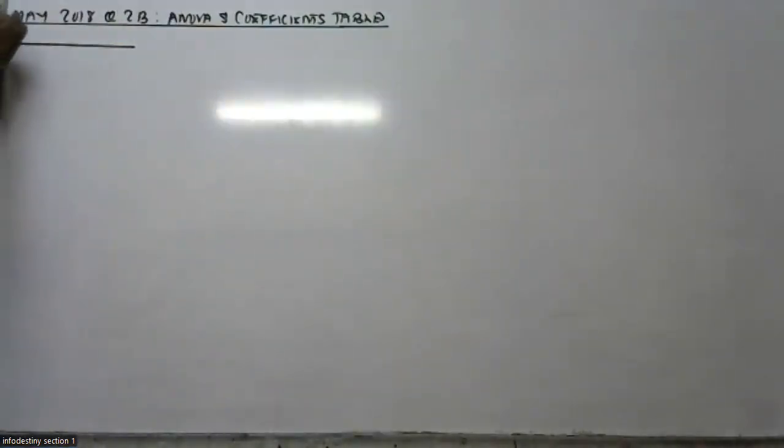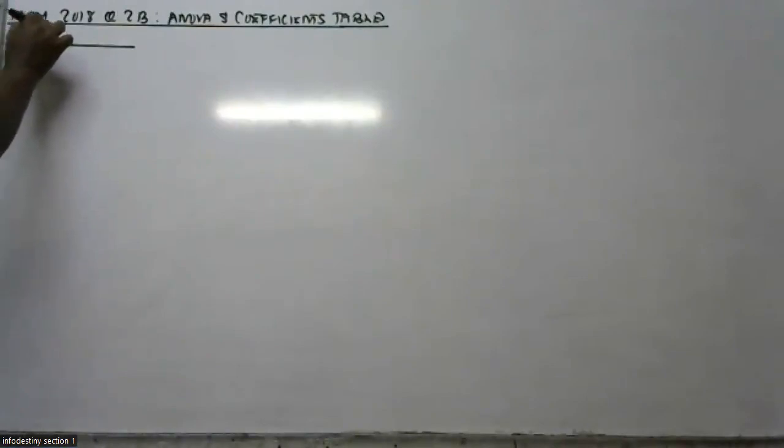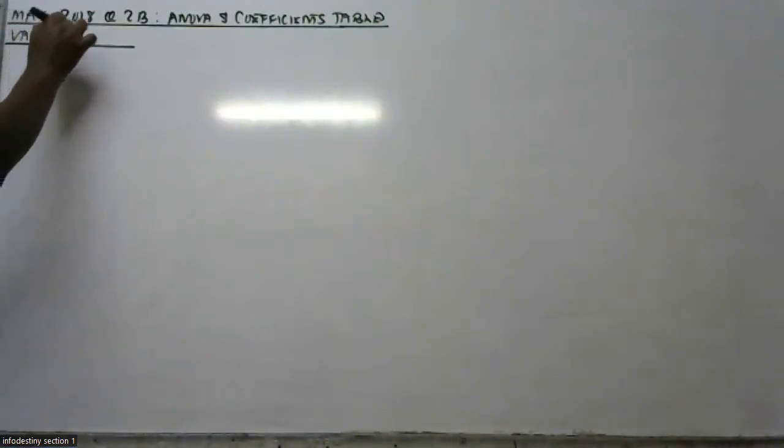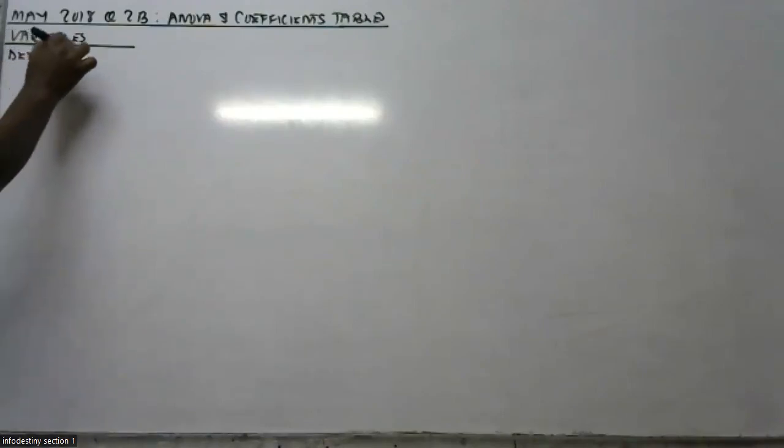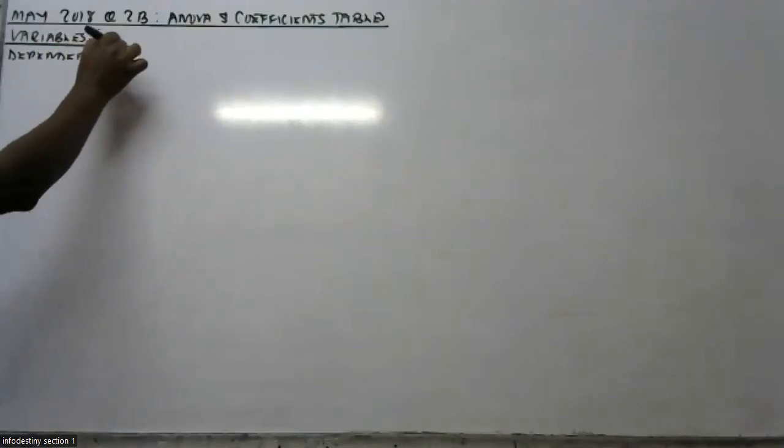Who are the variables in our table. And when you identify the variables, there are two types of variables. There is what we call the dependent, which is represented by Y.